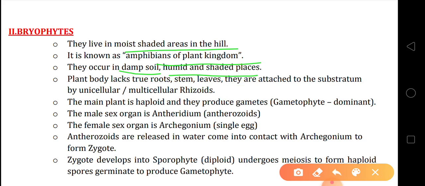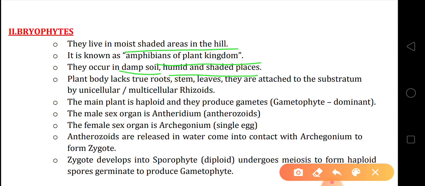So we can say that the bryophytes do not have true roots, true stem and true leaves. It means we cannot differentiate between root, stem and leaves in the bryophytes.